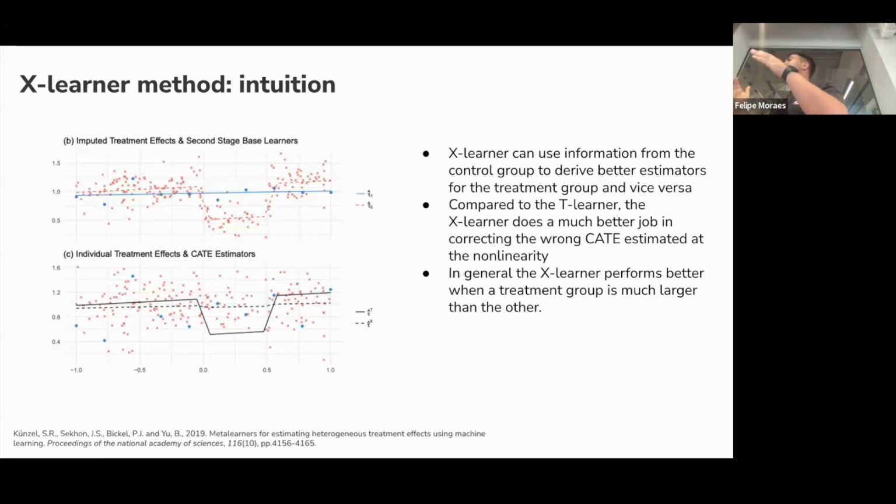So you need to use one model's prediction to find what would be the prediction if I had treated or not treated that user, and that's how you create this counterfactual data to have more data to train your models. That's the main intuition of the X-learner.